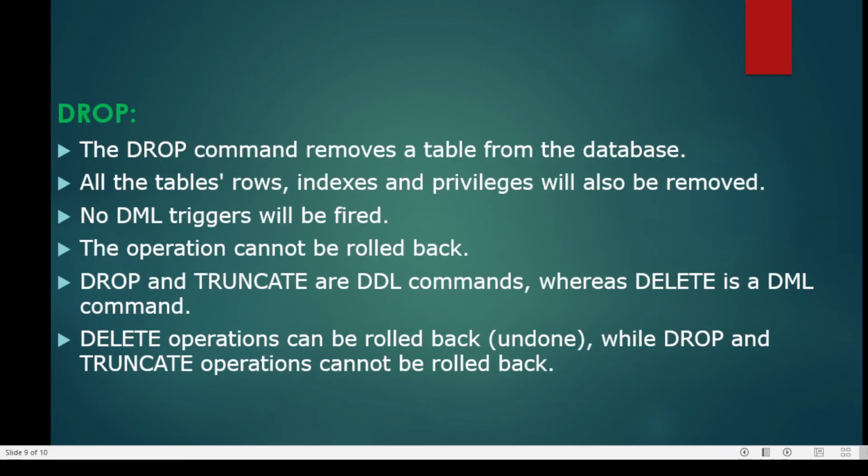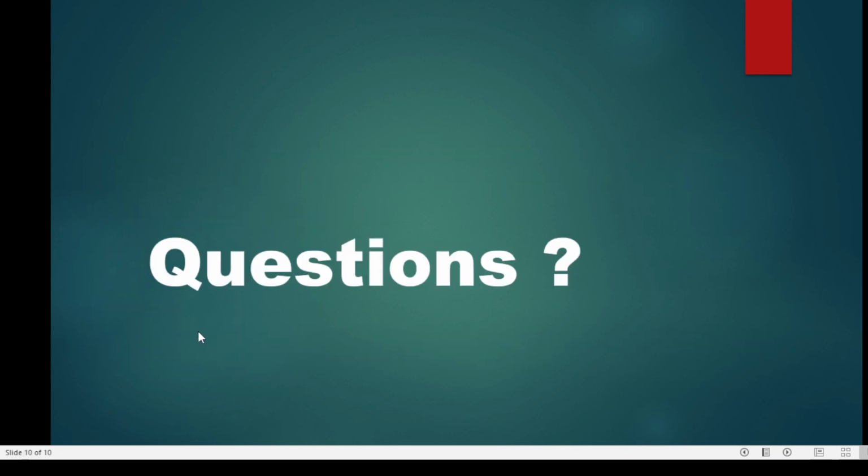Drop is used to permanently remove an object from the database, like a table. No DML trigger will be fired and the operation cannot be rolled back. Drop and truncate are DDL commands, whereas delete is a DML command. Hope you understand the basic difference between delete and truncate.